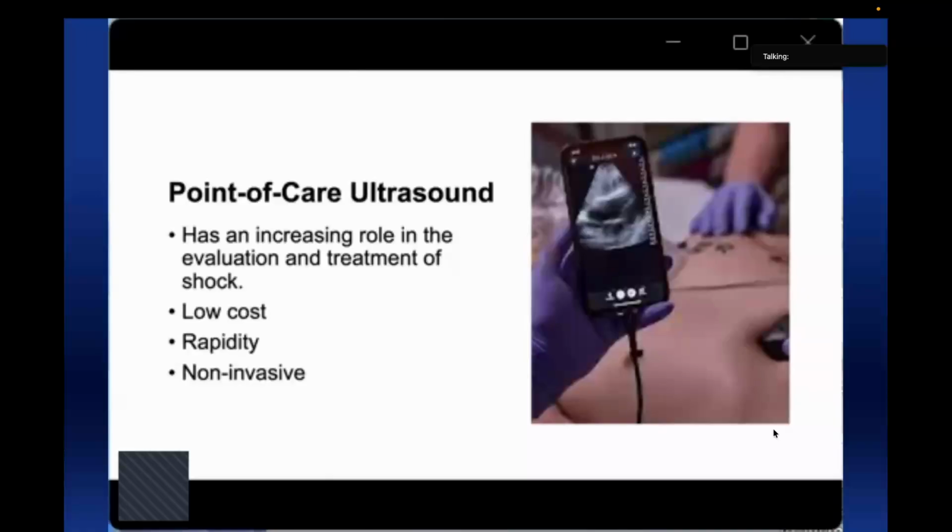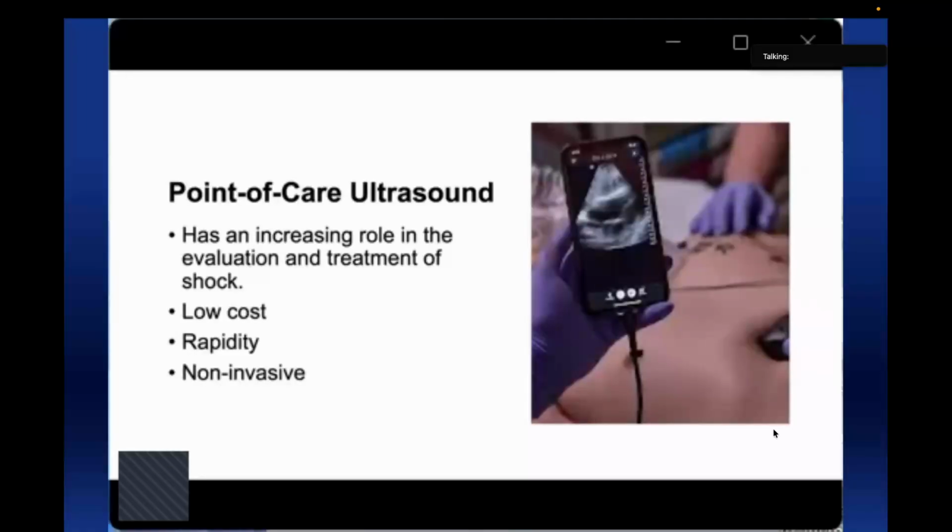That's why we train our students, our residents, our fellows on how to use that. This is a very powerful tool in assessing patients, especially in the emergency room or in the ICUs. And a life-threatening condition can be detected if you know how to use your ultrasound.